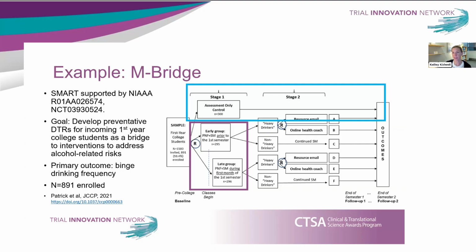It might be that you're really interested in when is the best time to measure if this intervention is working or not. So that's really neat about this SMART design, to show other variations of SMARTs that can include a control and can include randomization to different timings of that intermediate outcome being assessed.